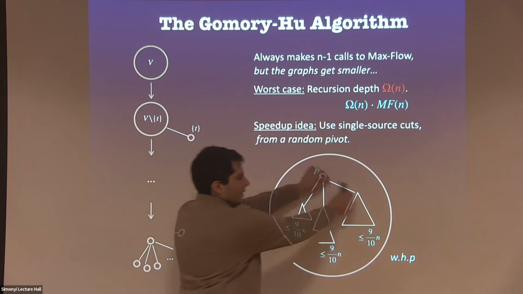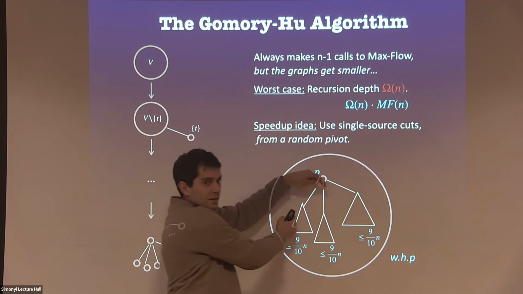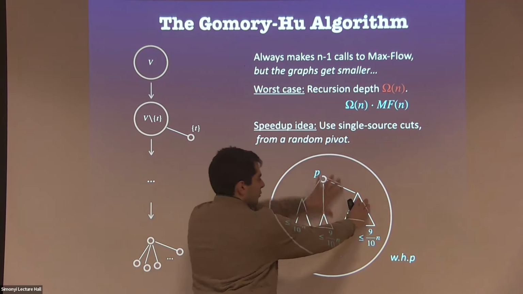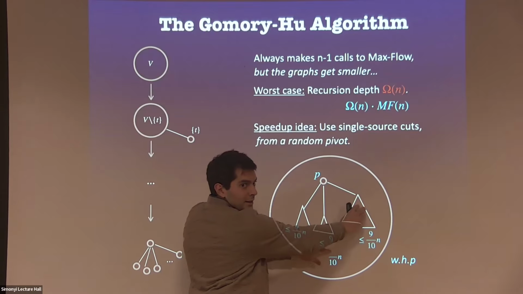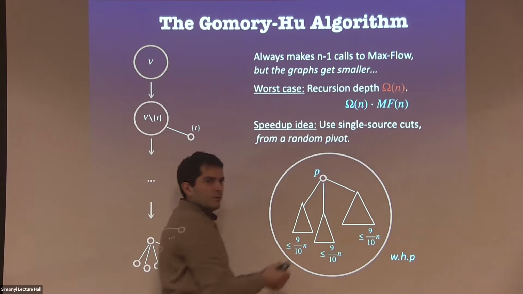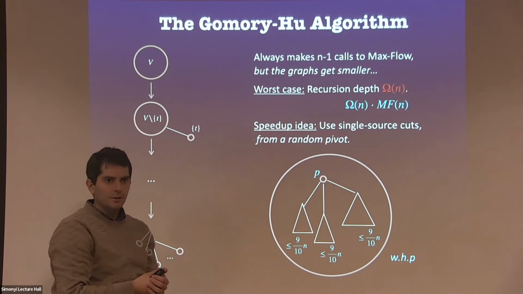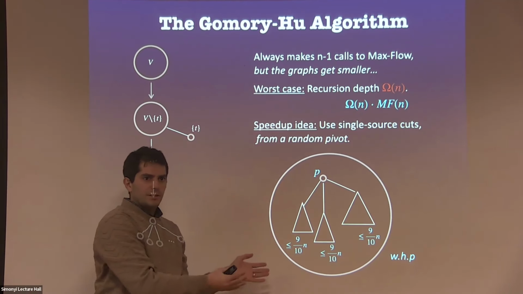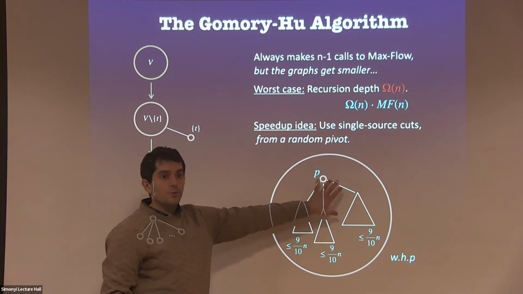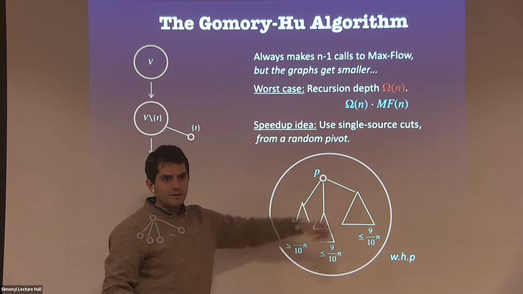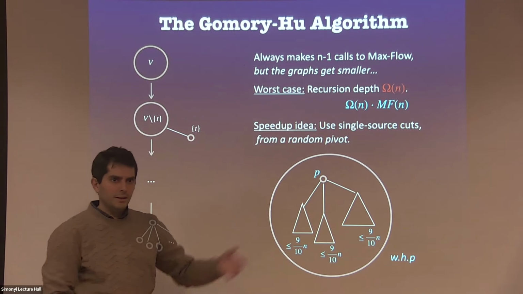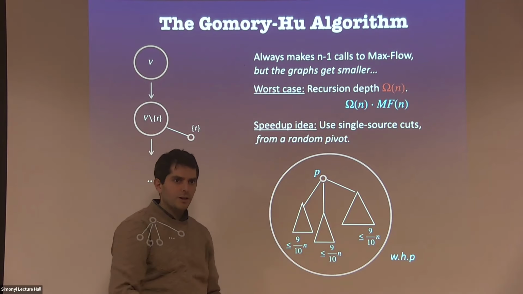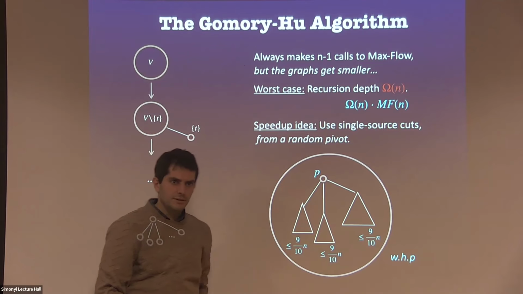Instead of learning one edge at a time, you're learning a few edges at a time. So you recurse here, you contract everything else, and you adapt the Gomory and Hu algorithm that way. But if you're asking about it computationally, this is a big difference. We don't know how to compute this efficiently. For single pair, we knew how to compute it. This, you have to work hard to compute the single source cuts.